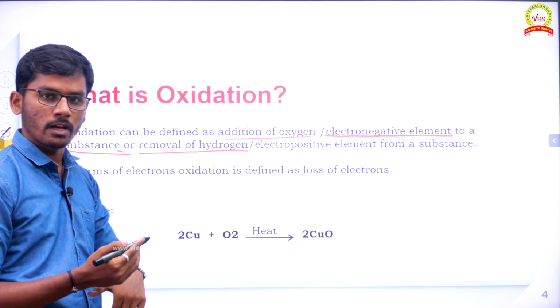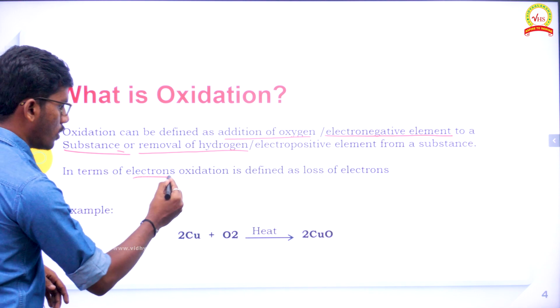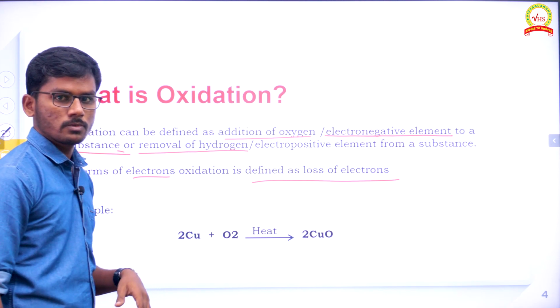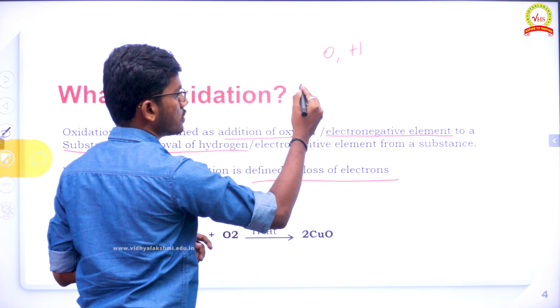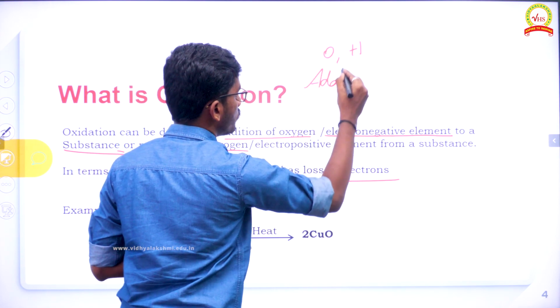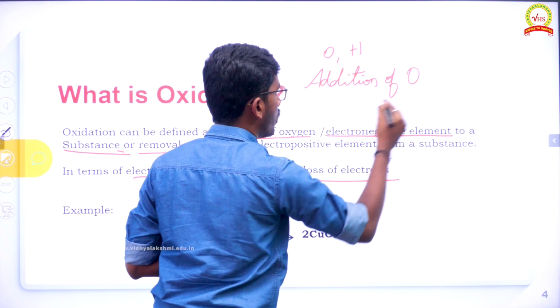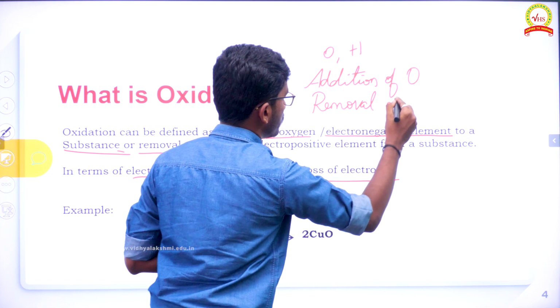There is one more way that we can define oxidation. In terms of electrons, oxidation is defined as loss of electrons. In terms of oxygen and hydrogen, oxidation is addition of oxygen or removal of hydrogen.